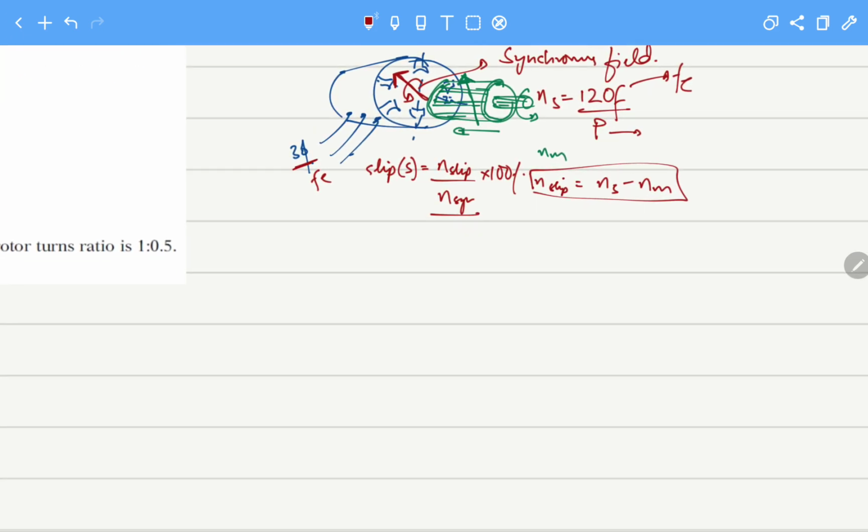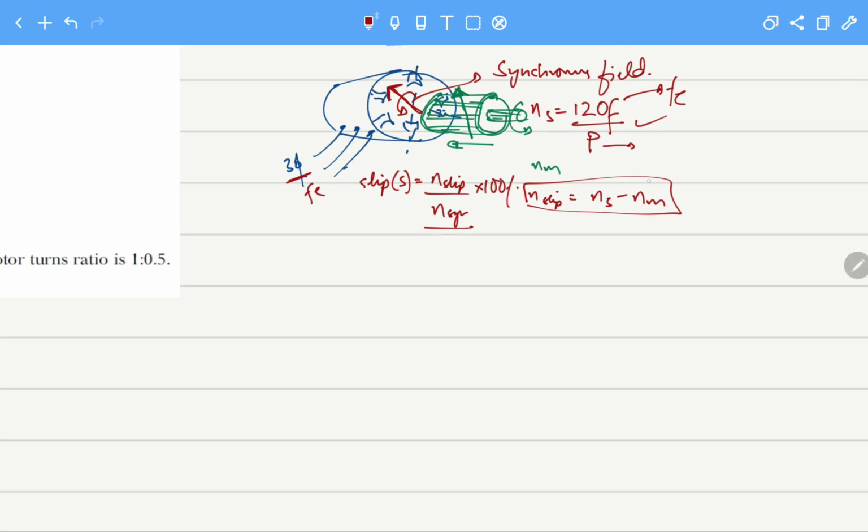So slip equals n synchronous minus n mechanical, divided by n synchronous, times 100%.